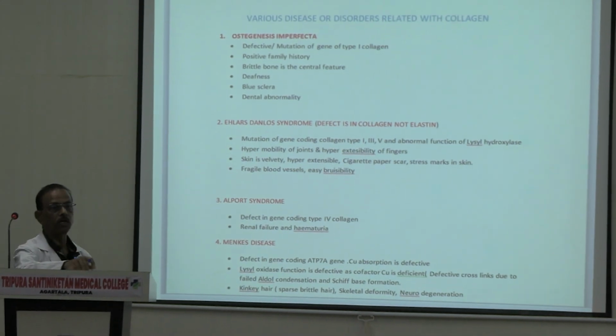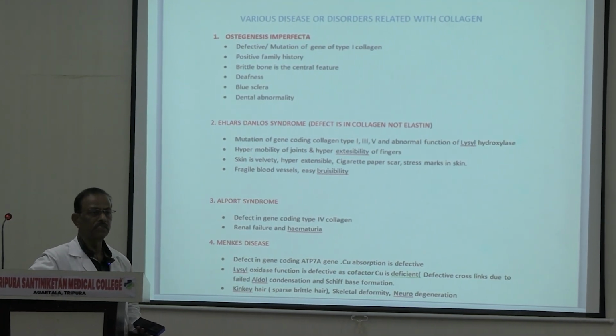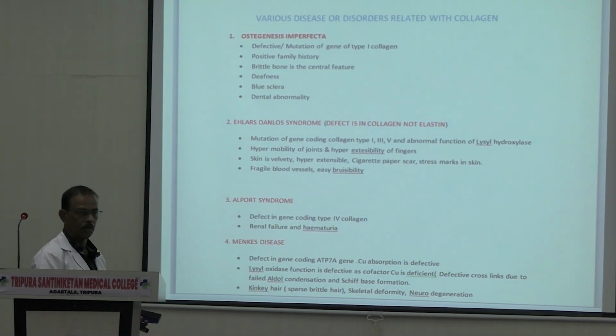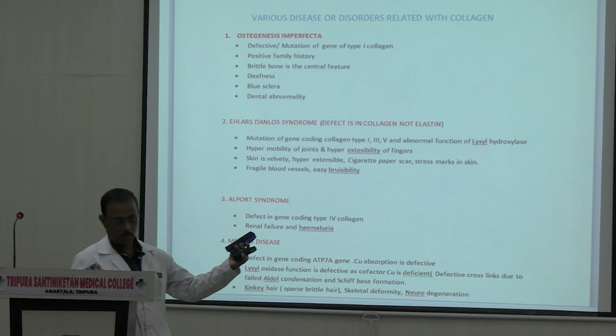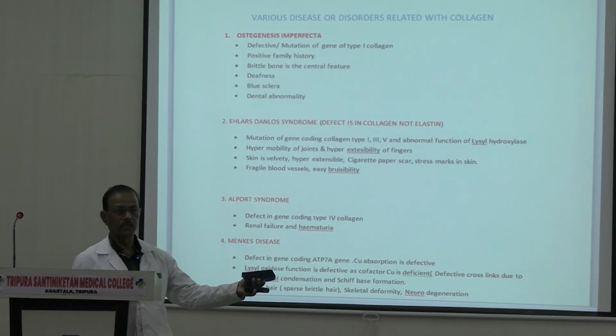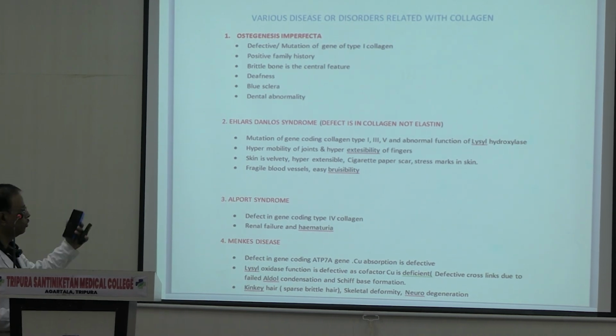It is the central feature of osteogenesis imperfecta. Very easily the bone is broken because collagen formation is defective. Collagen gives the strength. So once there is defective formation, it will not gain strength.